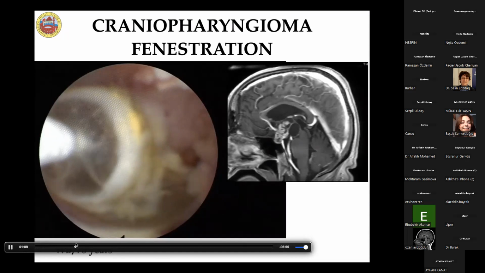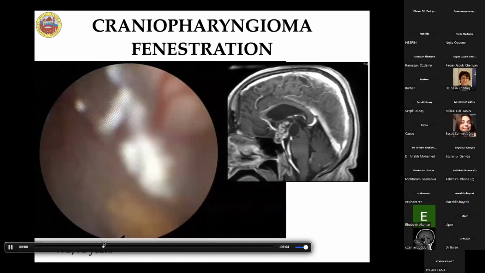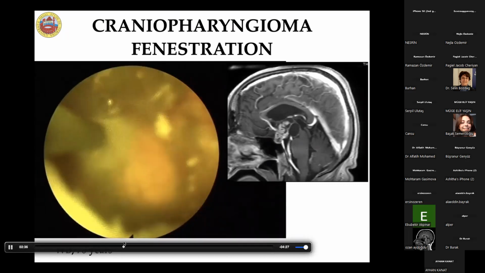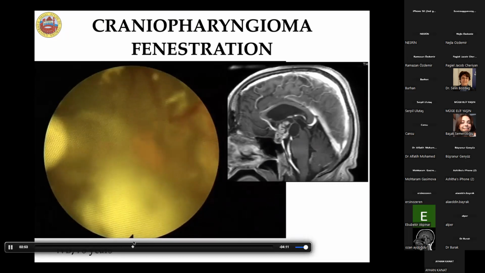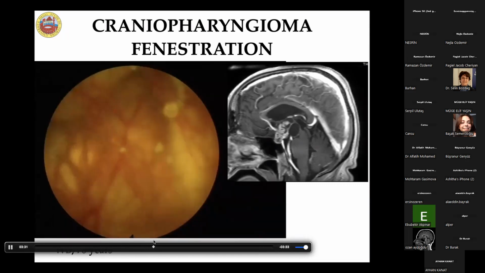See the characteristic content of this cyst, which was, of course, aspirated. I will move faster. I entered the different compartments of the cystic craniopharyngioma, opening all of them.